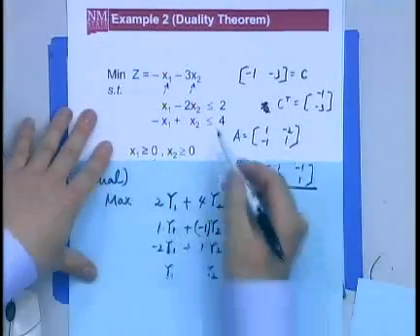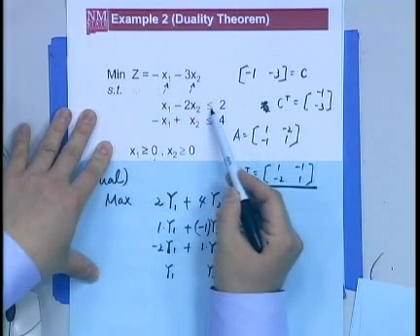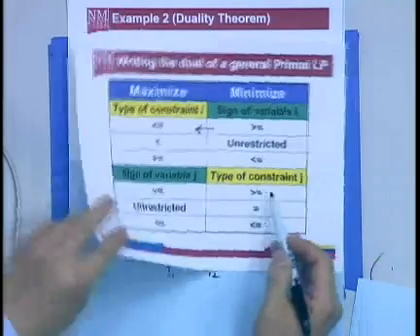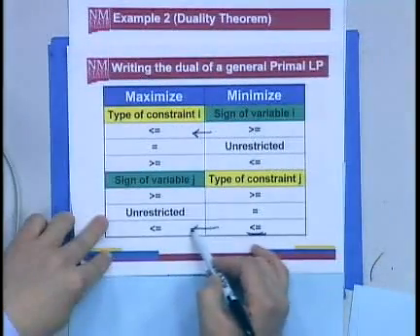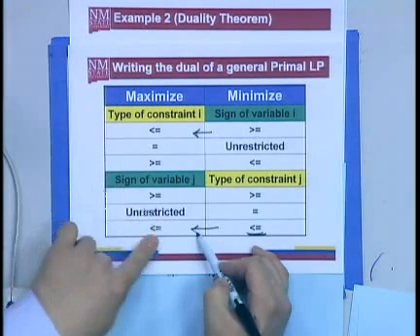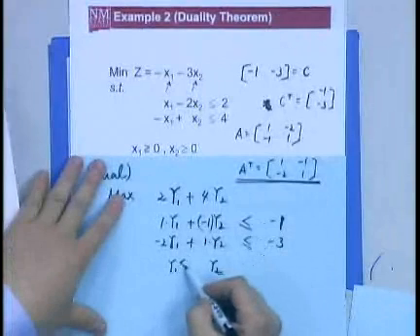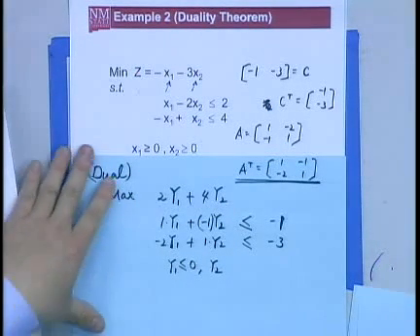Okay? And in the minimization problem, the first constraint is less than or equal, right? Which implies that in the maximization problem, the first variable must be less than or equal to 0, which is y1 is less than or equal to 0. Okay?